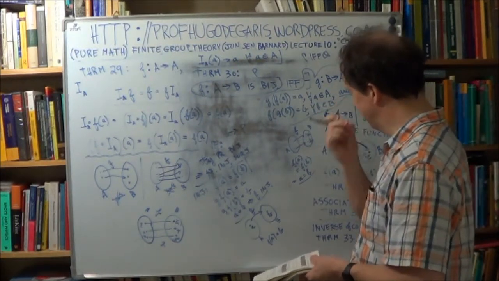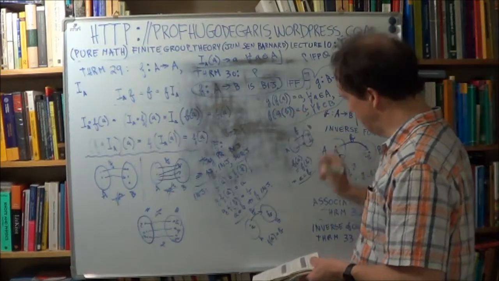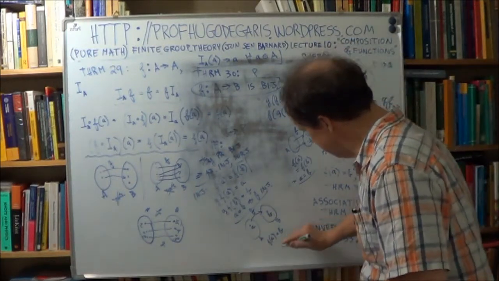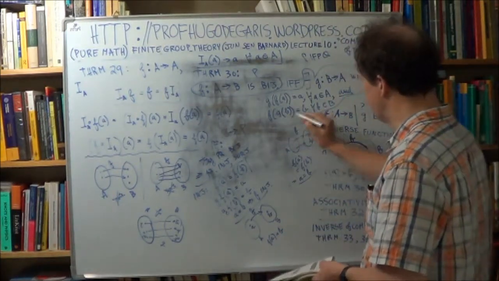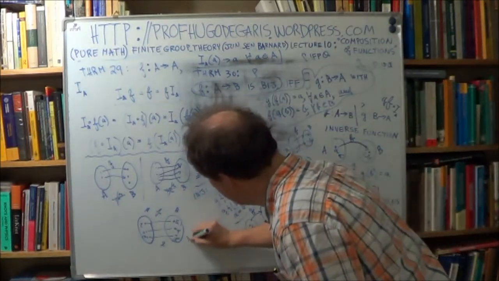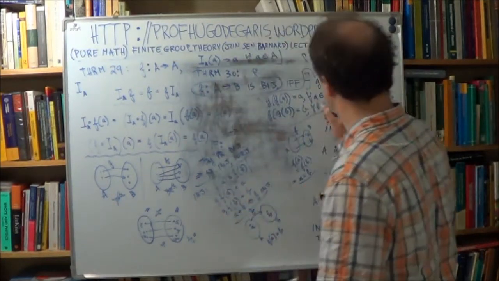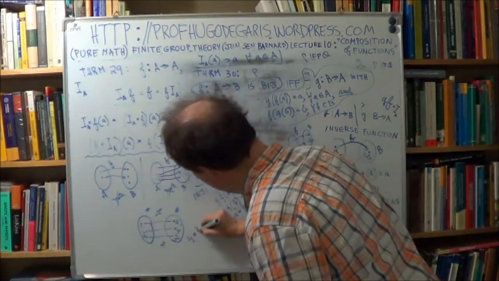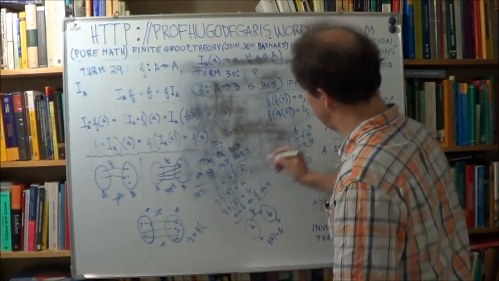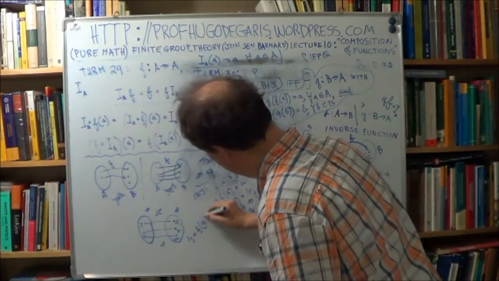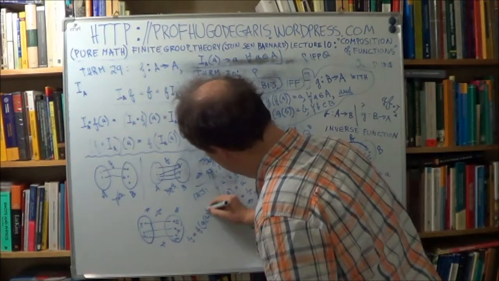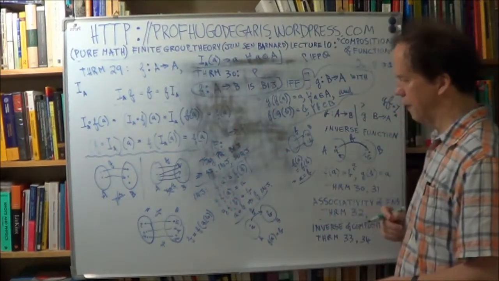We know that's true. So now we can use this. So B equals F of G of B.